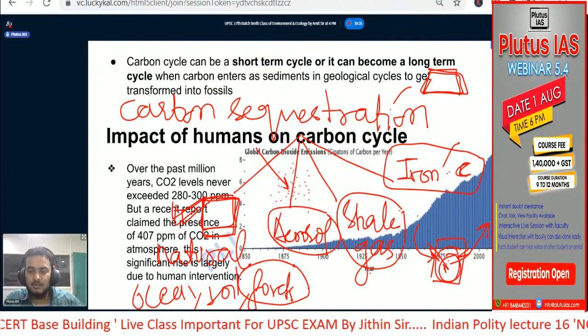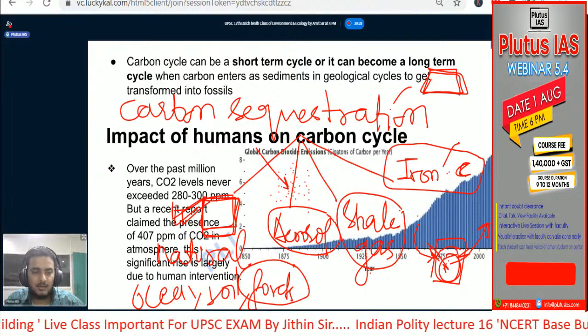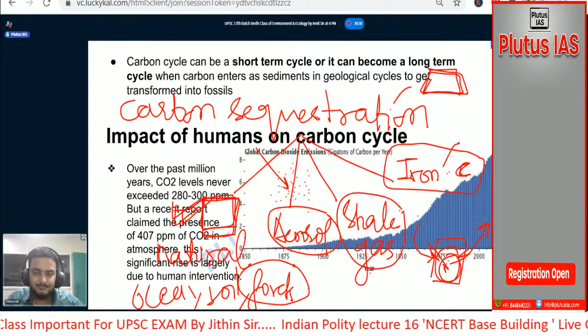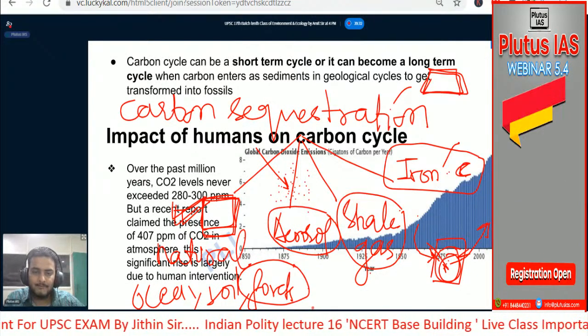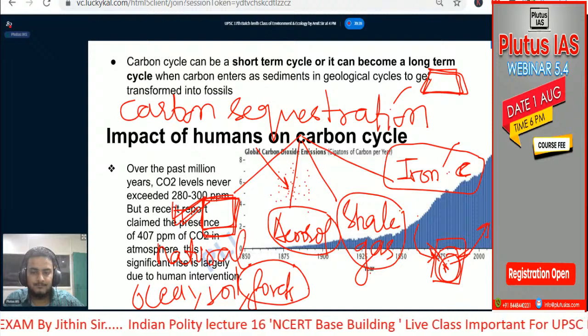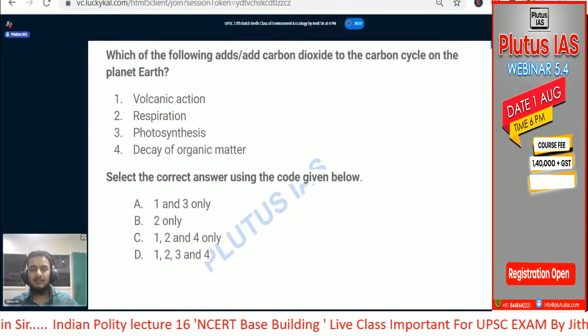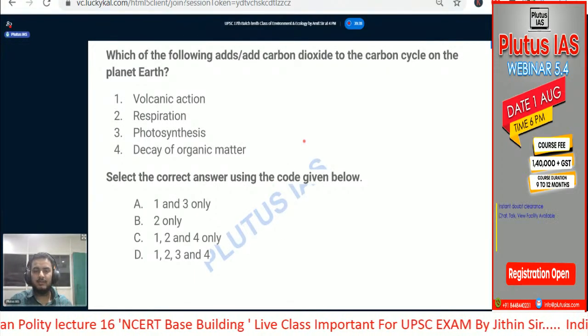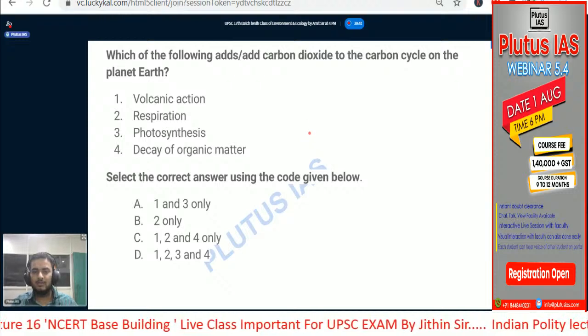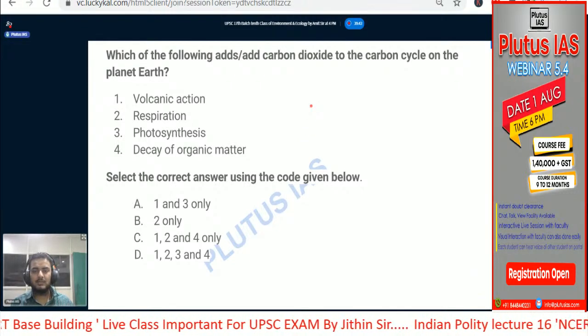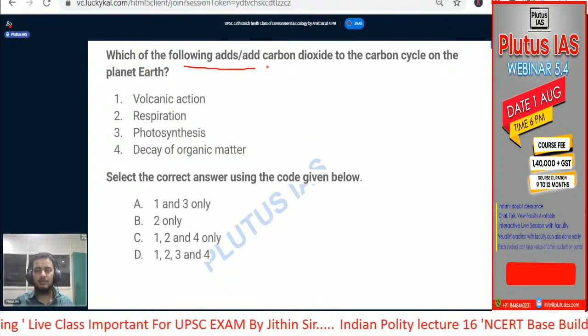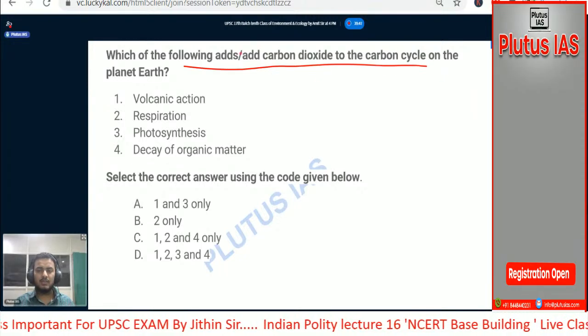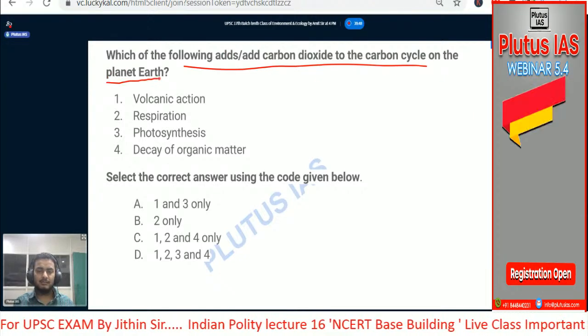Now I'm moving towards the next cycle. The question reads: which one of the following adds carbon dioxide to the carbon cycle on planet Earth?